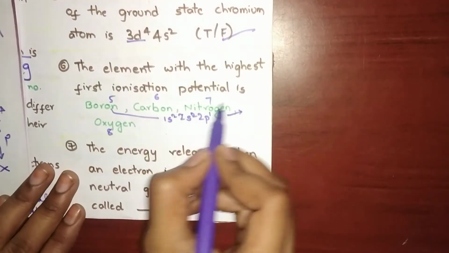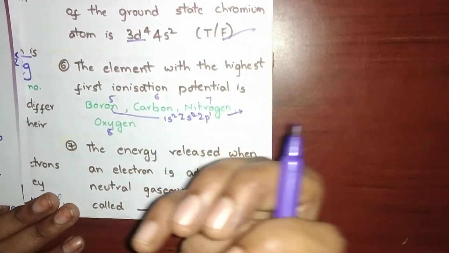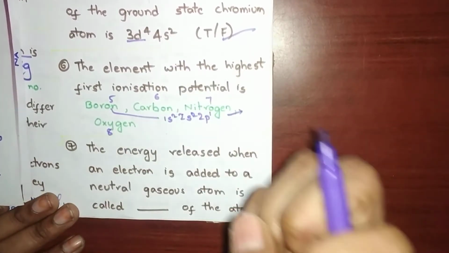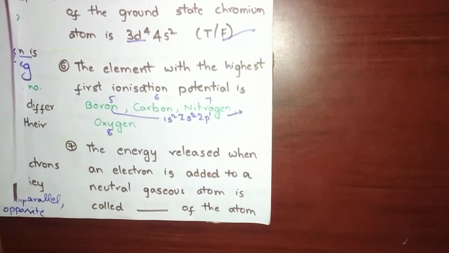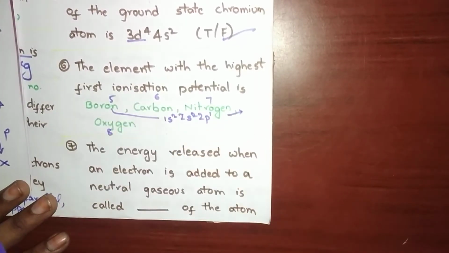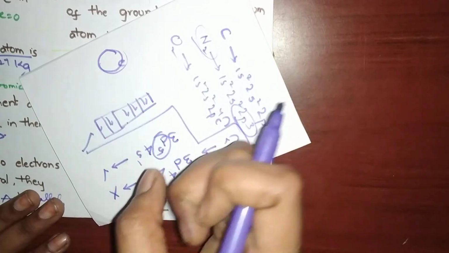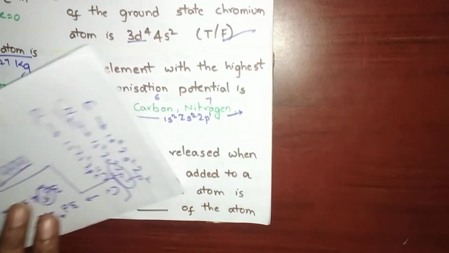So ionization potential is nothing but energy which is required to remove an electron. If the atom is more stable, ionization potential will be high because from a stable atom we cannot get the electron so easily.